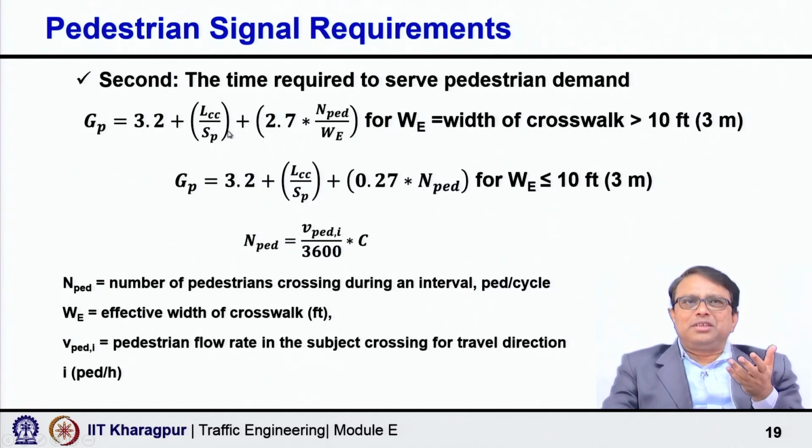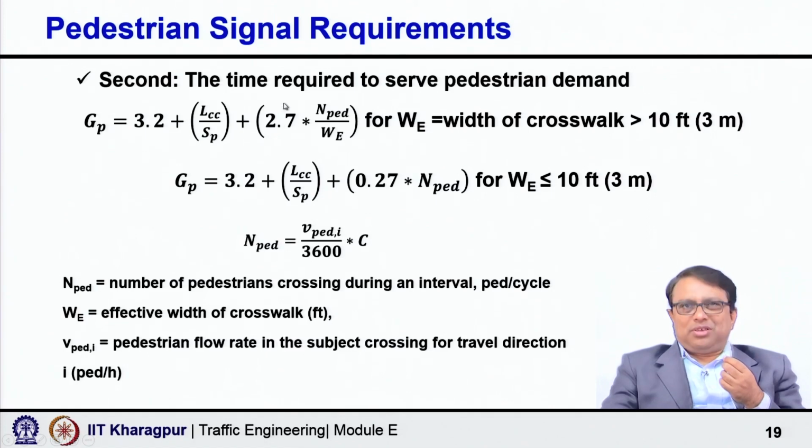In the second criterion, TPR is taken as 3.2 seconds plus, as usual, LCC, curb to curb distance, divided by the pedestrian walking speed, plus now the number of pedestrians NPD divided by WE. This equation is valid when the width of the crosswalk is greater than 3 meter.